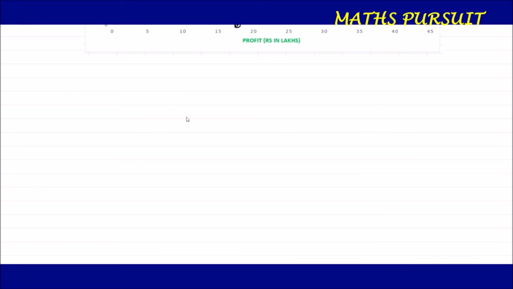Now guys, we know that median is equal to L plus n by 2 minus cumulative frequency upon f into class height.